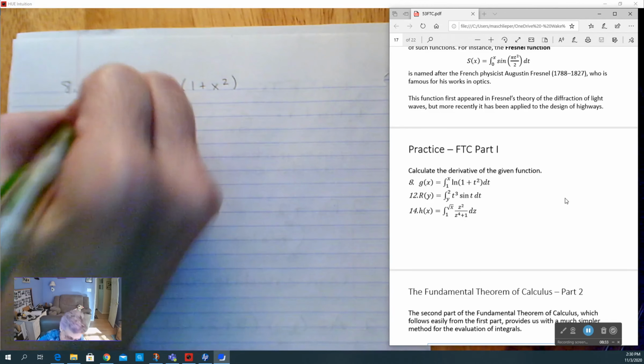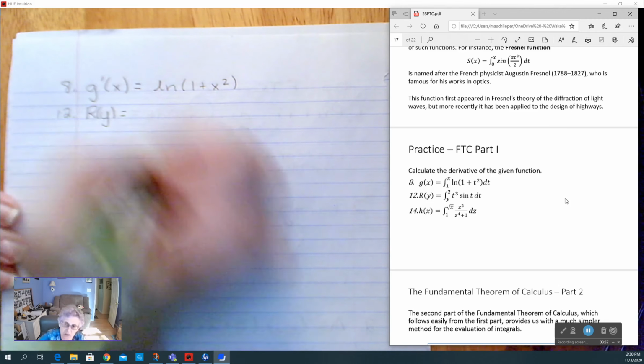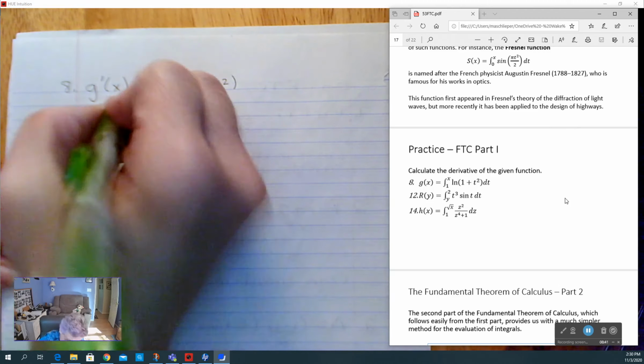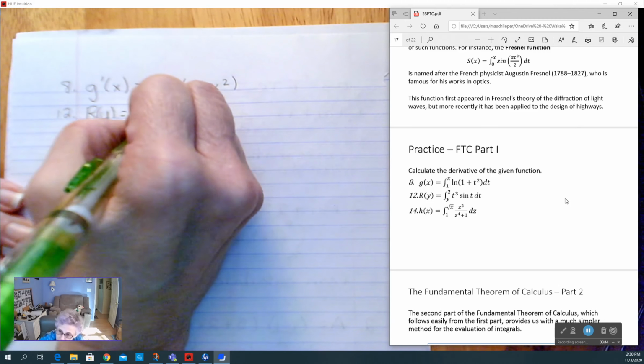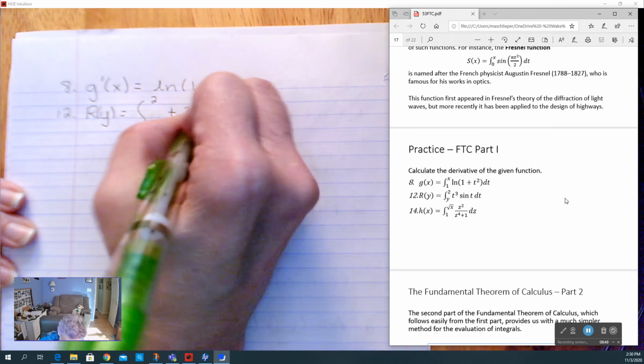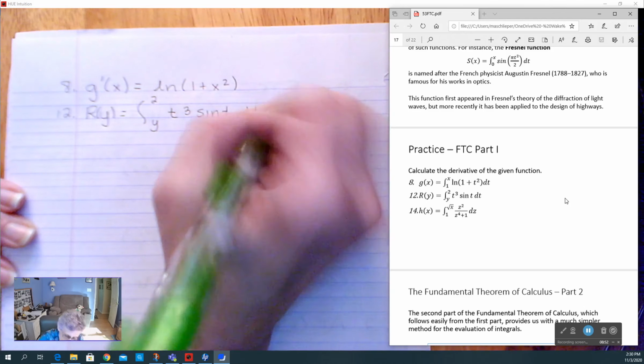Number 12. This time I'm going to manipulate it a little bit because r of y is equal to the integral from y to 2 of t cubed sine of t dt.